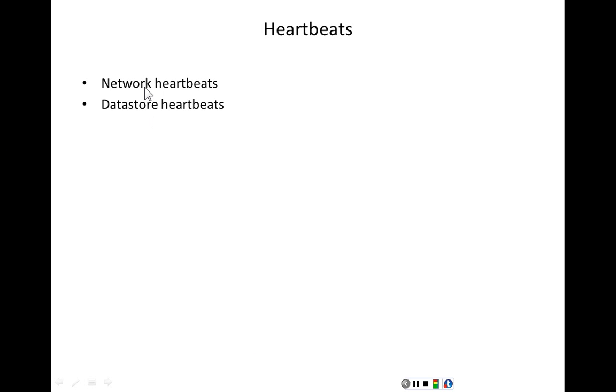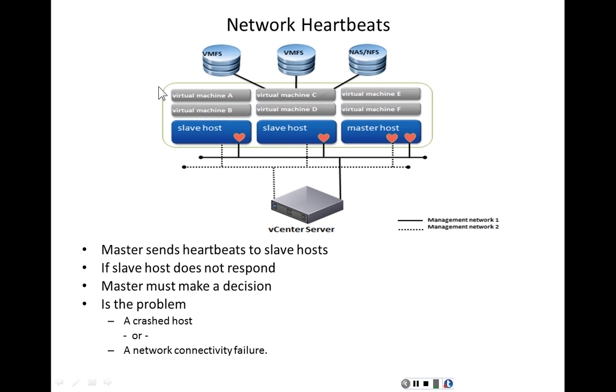A network heartbeat is from the slave host to the master host, and it's sent over the management network. The master sends heartbeats to the slave hosts. And if a slave host does not respond, the master must make the decision: is the problem a crashed host, or is it a network connectivity failure?